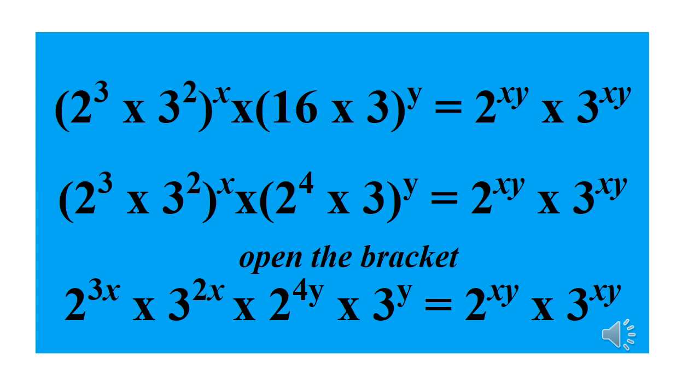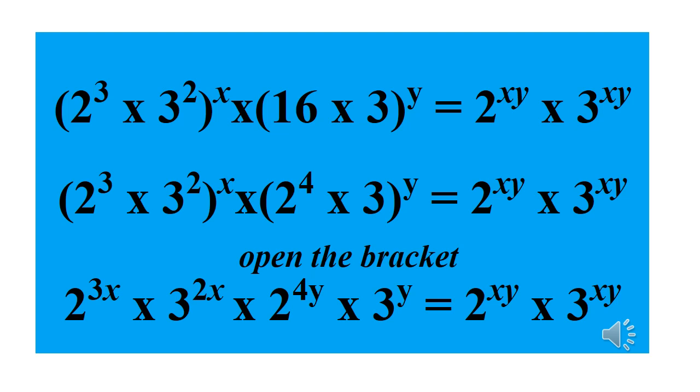So we have 72, 8 times 9, the 8 will be further simplified to 2 raised to power 3, and the 9 to 3 raised to power 2, all in bracket raised to power x, then multiplied by 16 times 3 raised to power y equals 2 raised to power xy times 3 raised to power xy using the law of exponents.